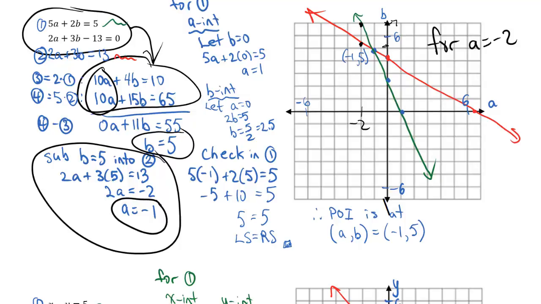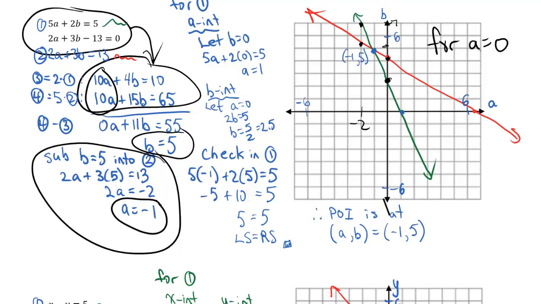So if I choose a different value, if I choose A equals 0, well, my one line is going to have a B value here, and my other line is going to have a B value here. They're not the same values. The A is the same for both. We're looking at the same A value, but our B's are not the same.